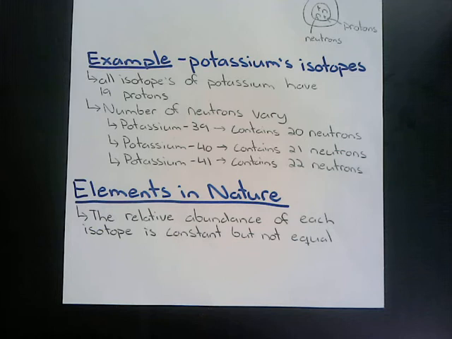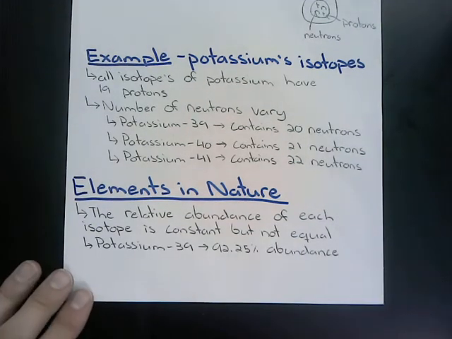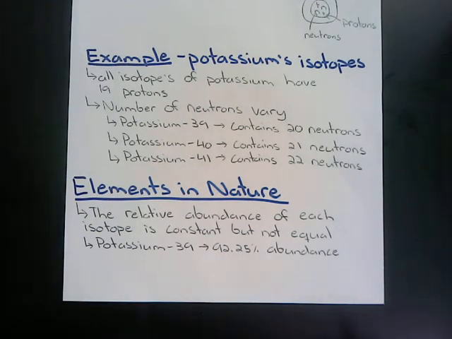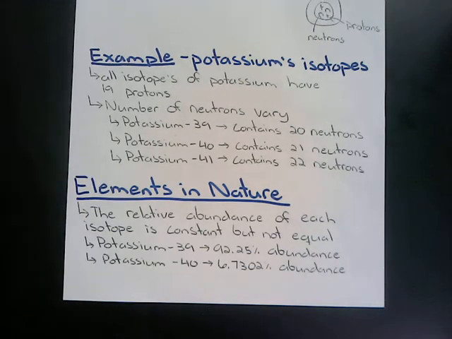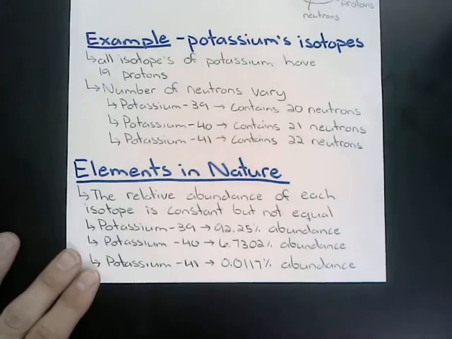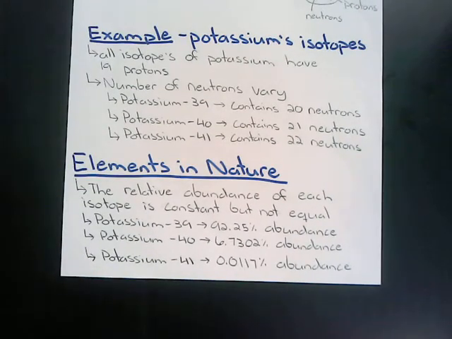Again, if we had all the potassiums in the entire universe, 93.25% would be potassium 39. Now, potassium 40 has 6.7302% abundance in the universe. And then potassium 41 has a very, very small percent abundance at 0.0117%. So again, these are the percent abundances of each of these isotopes.